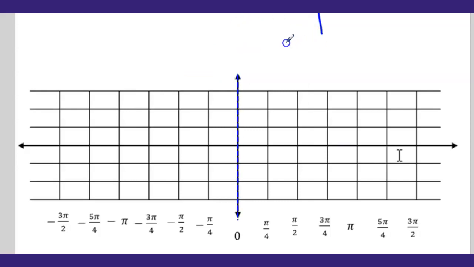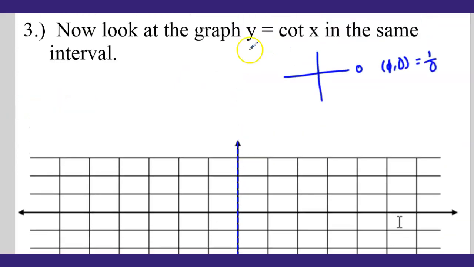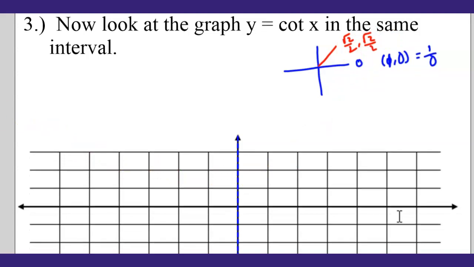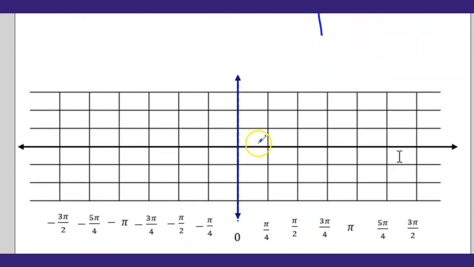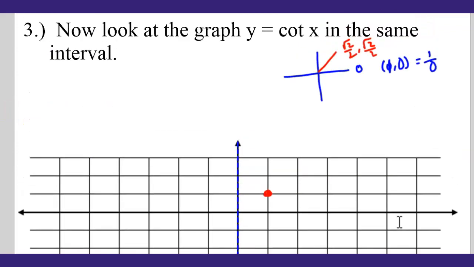And then if I were to look at, let's say, 45. Well that's radical 2 over 2 over radical 2 over 2. So cosine over sine would be 1. So we have pi over 4 is 1. And then if we look at pi over 2, 0, 1.